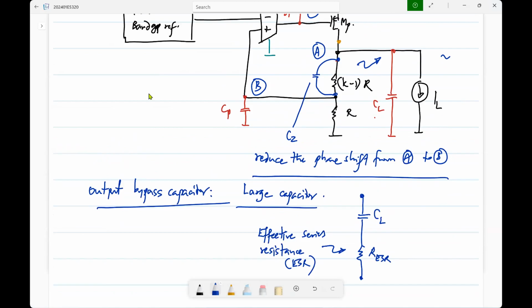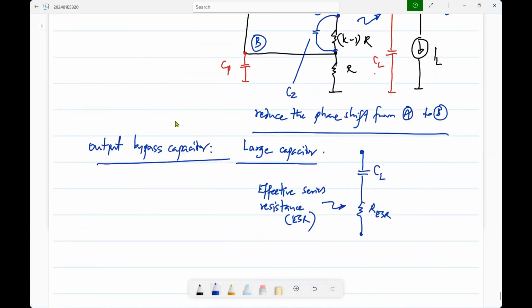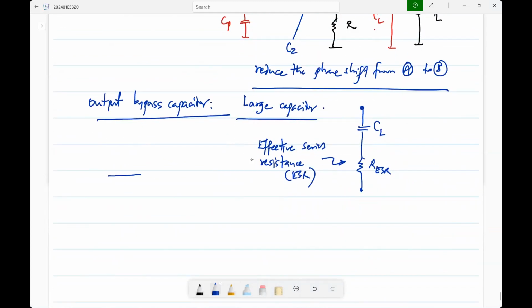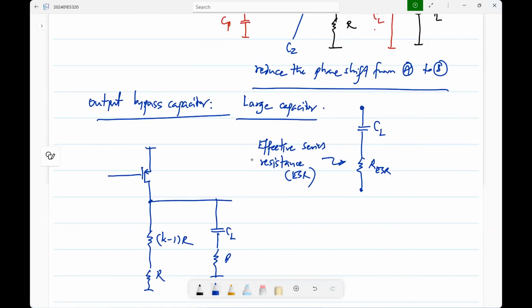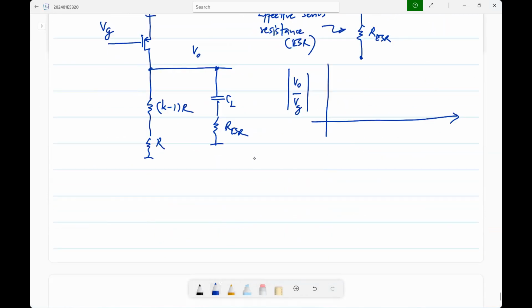So if you look at, let's say, this common source amplifier, and if you plot the magnitude of the gain, what will that look like versus omega?